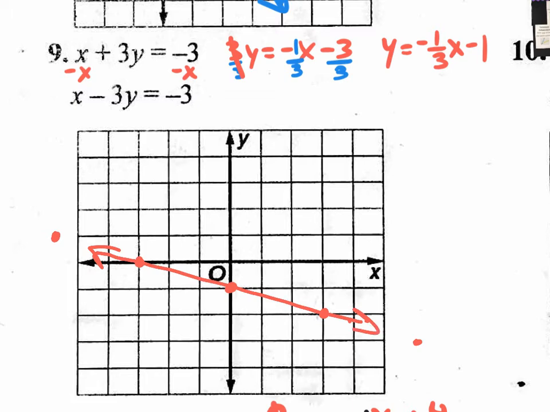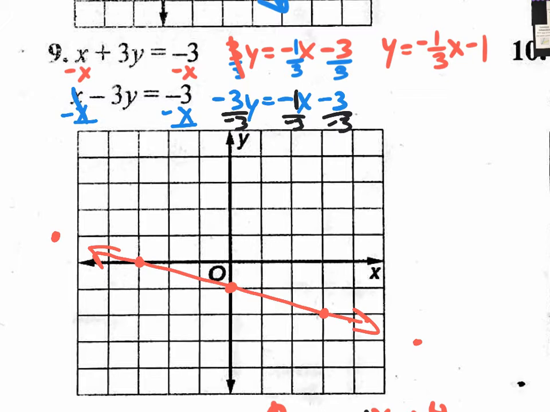And then I want to go for my bottom equation in blue. Again, subtract x, subtract x. You're going to rewrite it. It'll be negative 3y equals negative x minus 3. Final step will be to divide everything by negative 3. So if I divide by negative 3, divide by negative 3, remember there's an invisible 1 in front of the x. Divide by negative 3.